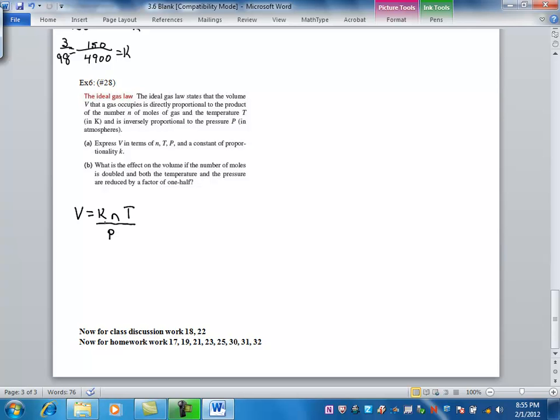So we've expressed V in terms of N, T and P, and now we want to know what is the effect on the volume if the number of moles gets doubled and both the temperature and the pressure are reduced by a factor of a half. So 1/2 the temperature and 1/2 on the pressure.